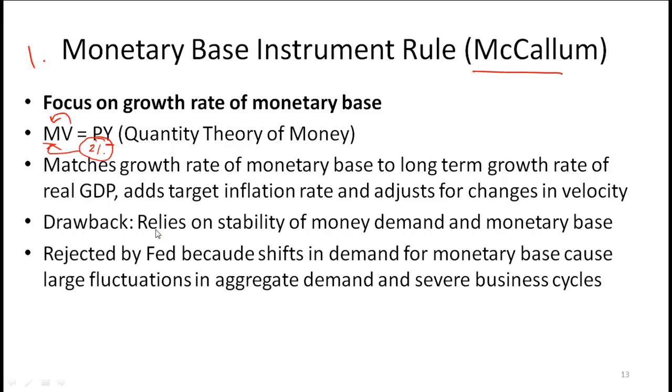The drawback of this strategy is that it relies on stability of money demanded and the monetary base, which does not always happen. This strategy is rejected by the Fed because shifts in demand for monetary base cause large fluctuations in aggregate demand and severe business cycles. So bottom line is this is rejected by the Fed, but as a CFA candidate you need to know this anyway.